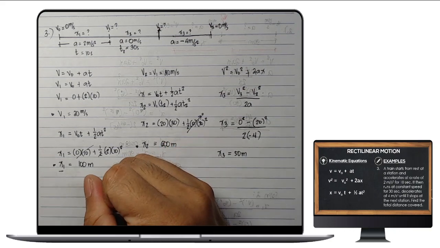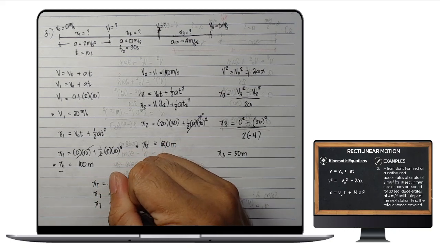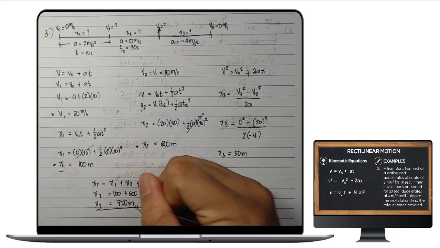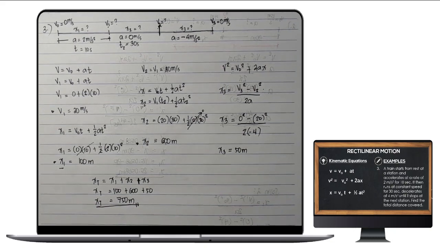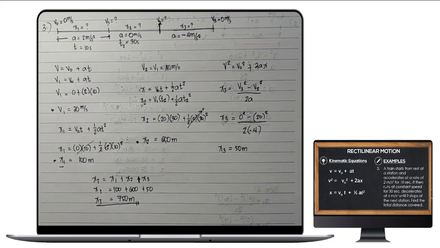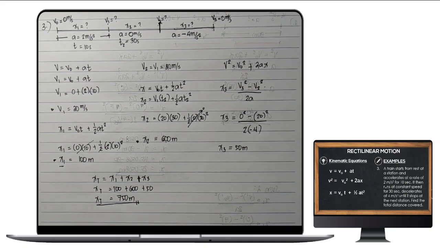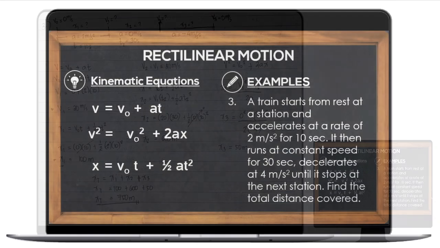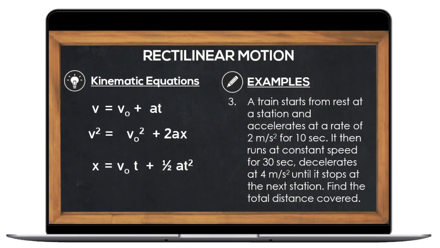So x total is equal to 750 meters. That is your x total, 750. Okay, so let's continue.